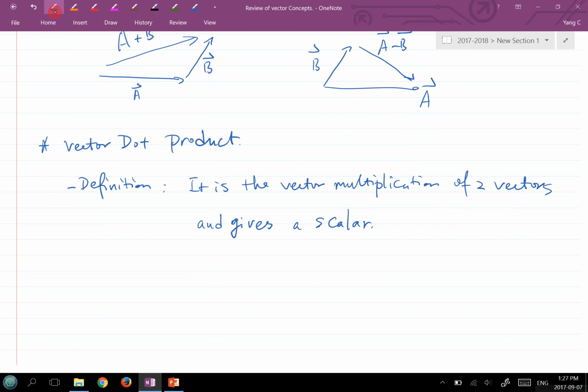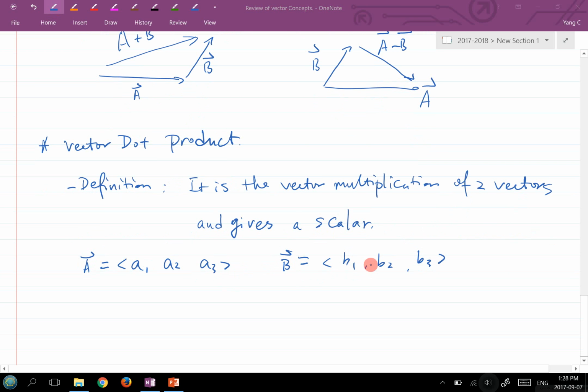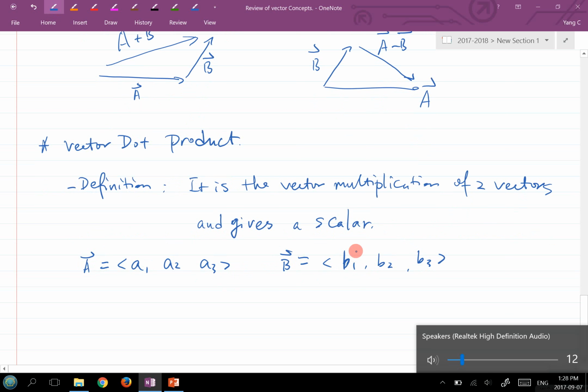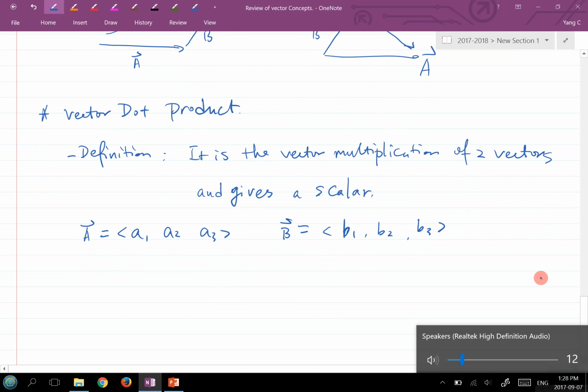Let's see, we have two vectors: A1, A2, A3, and B1, B2, B3.